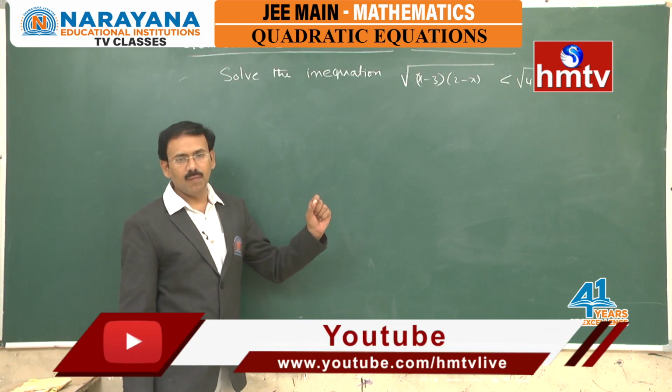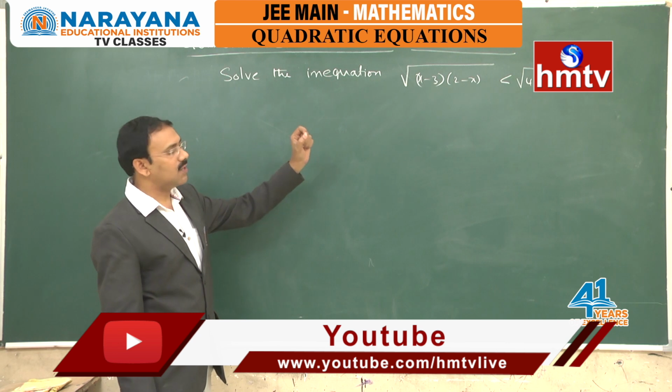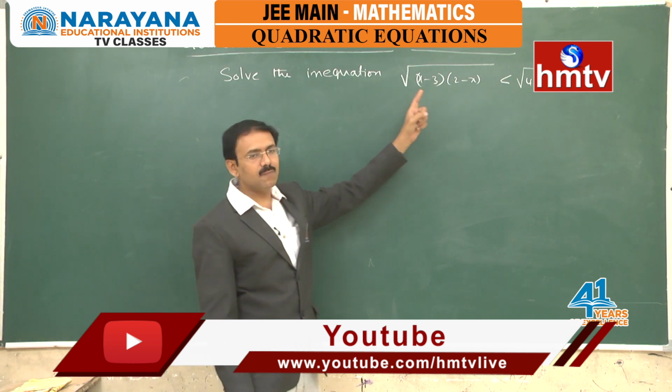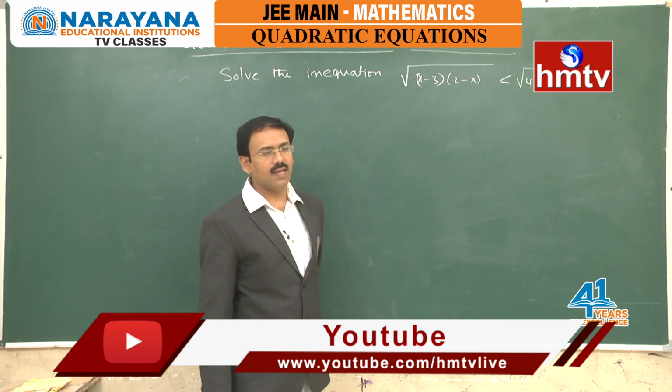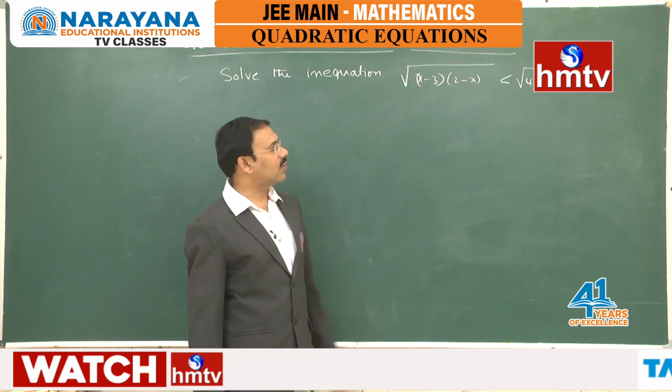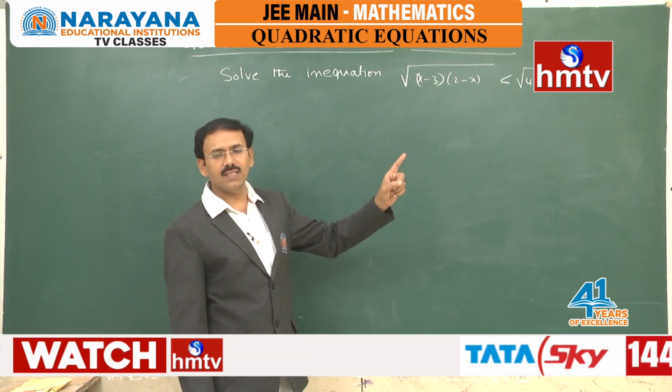Now, you see this problem. Solve the inequation root of (x minus 3) into (2 minus x) is less than root of 4x square plus 12x plus 11.